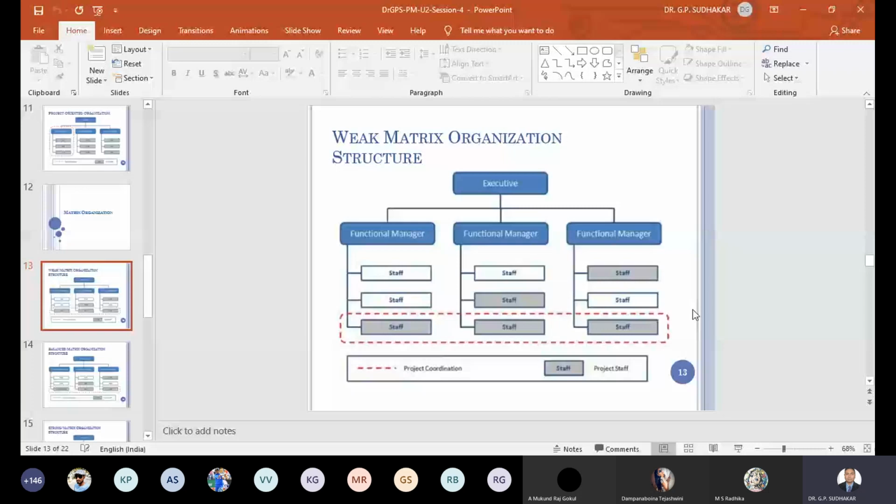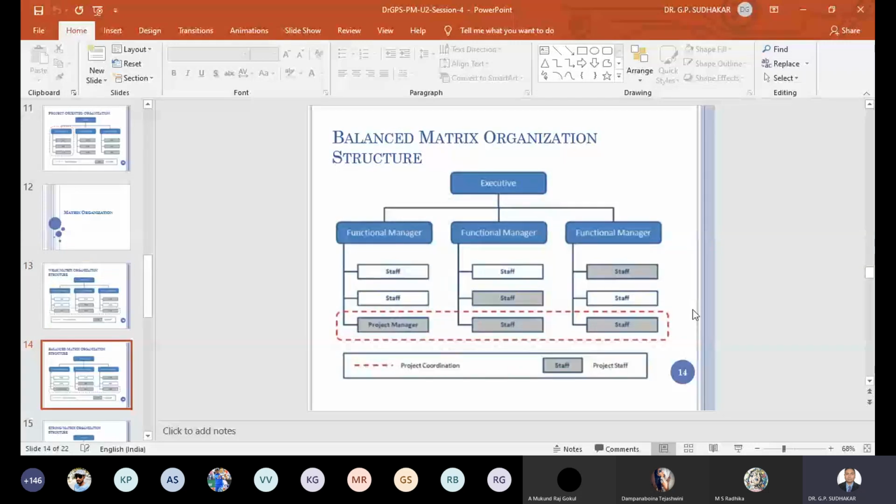Let's see what the balanced matrix organization structure is. In balanced matrix organization structure, there will be somebody designated as project manager. The project manager takes care of the coordination, whereas each team member has to report to both.